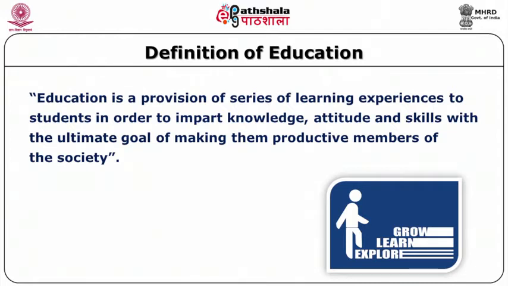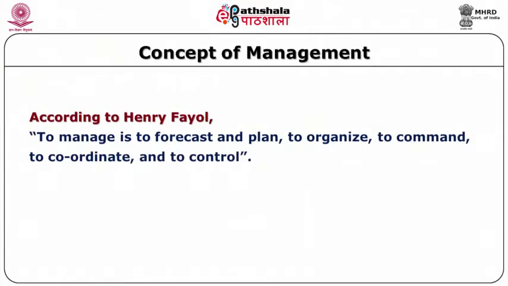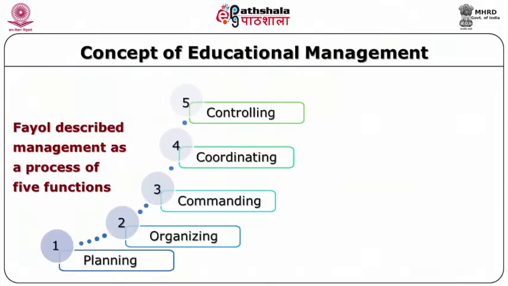According to Henri Fayol, to manage is to forecast and plan, to organize, to command, to coordinate and control. Fayol described management as a process of five functions, such as planning, organizing, commanding, coordinating, and controlling.